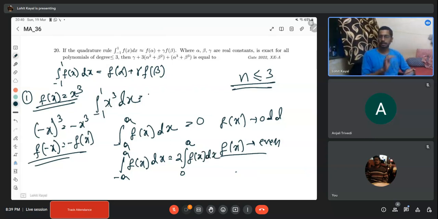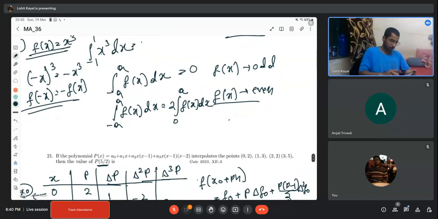This is just an elementary definite integration idea.